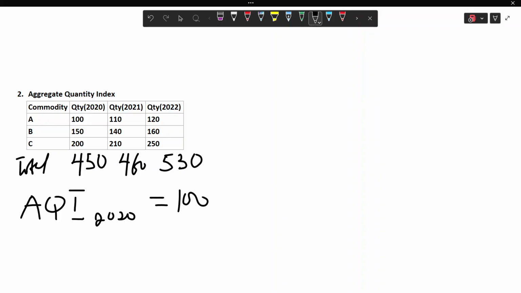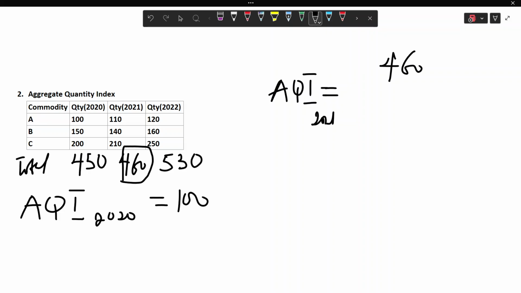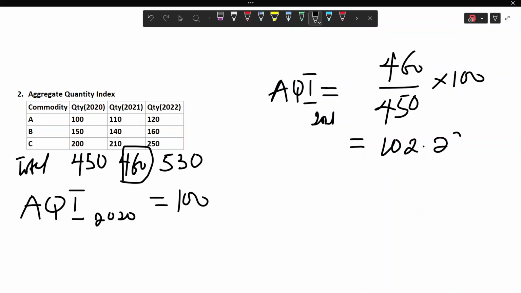Then the aggregate quantity index for year 2021 is given by your total for 2021, that's your current, 460 divided by 450 times 100, also having 102.22.